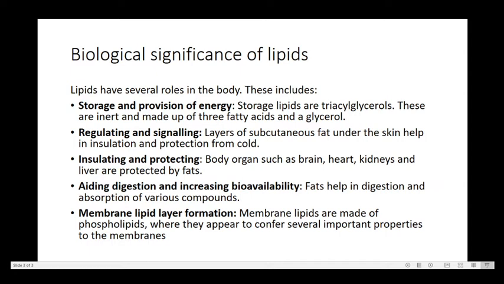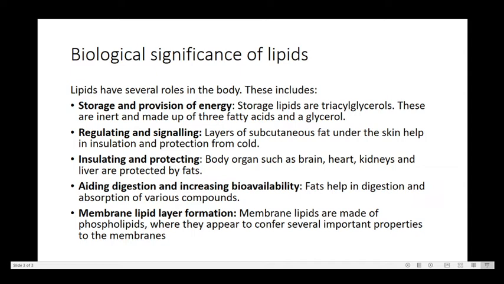Fats are packed together and they store greater amount of energy in a small space. A gram of fat is densely concentrated with energy and it contains more than double the amount of energy than a gram of carbohydrate can store.